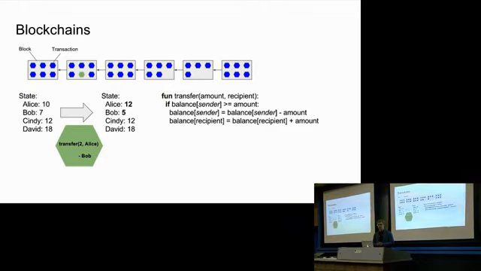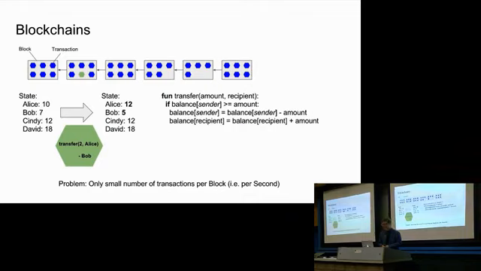And the second property, which not all tokens have, but most useful tokens have, is that your balance can never be negative. And this is the main check that is performed in the transfer function example. So it checks that the balance of the sender is at least the amount the sender wants to send. And if that check works out, then we have the effect. The amount is removed from the balance of the sender, and it's added to the balance of the recipient. Okay.